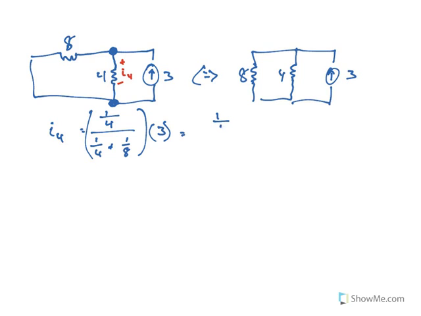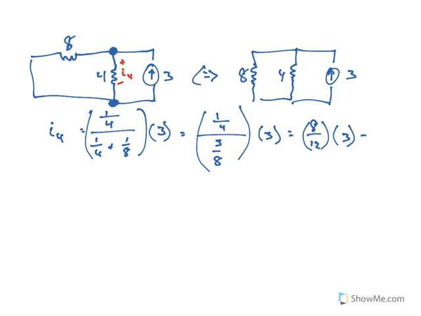So if I do that, I got 1 over 4 over 1 over 4 plus 1 over 8 is 3 over 8 times 3. So that becomes 8 over 12 times 3, which is 2.